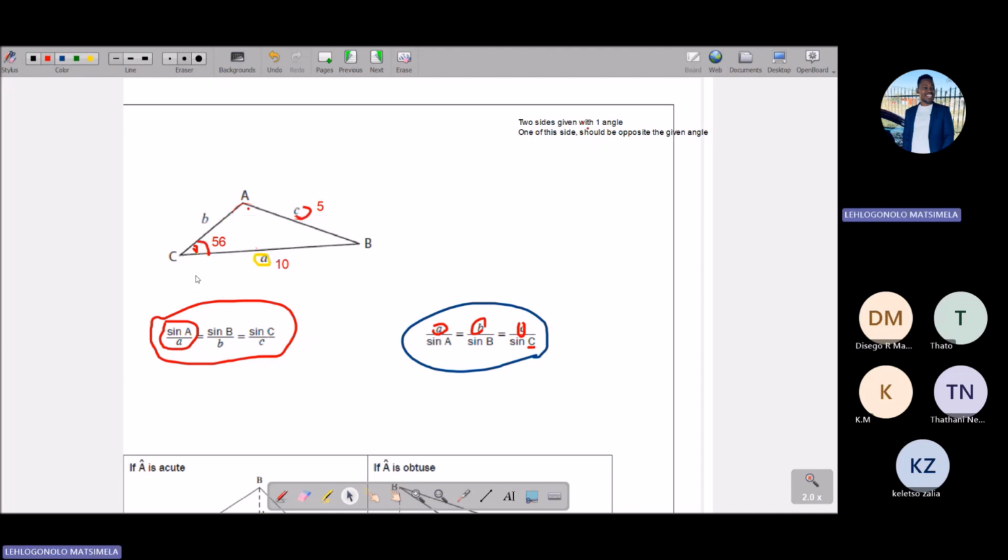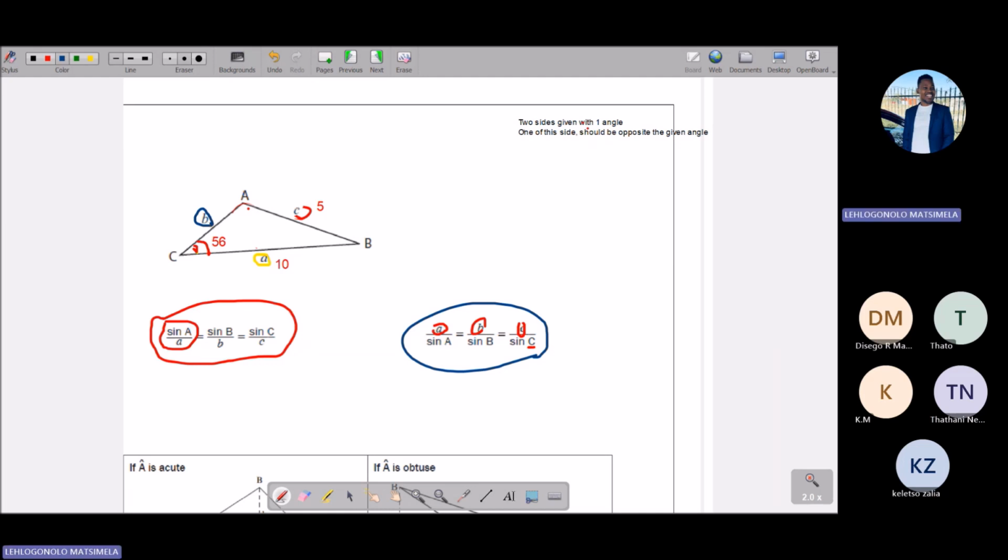Now we can use our sine rule in peace. The first thing that we can find is the angle. I have a question worth 4 marks: find the value of side B. We don't guess, we have to work it out.